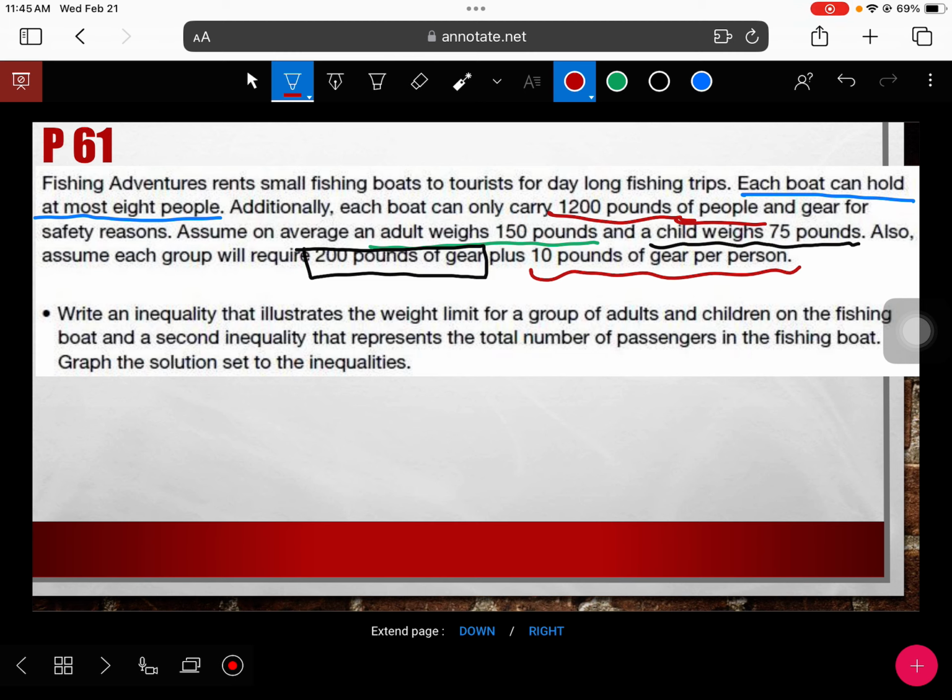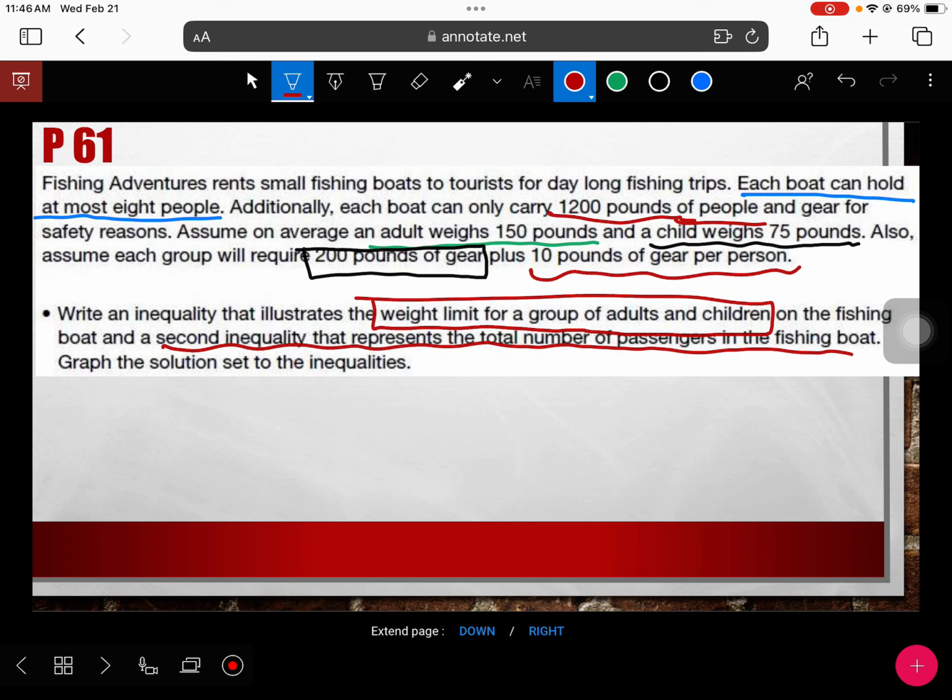Write an inequality that illustrates the weight limit of the group of adults and children, and a second inequality that represents the total number of passengers in the fishing boat. Oh my gosh. All right, so just to summarize, we're going on a day-long fishing trip. Each boat can hold 8 people. Each boat can also only carry 1,200 pounds of people and gear.